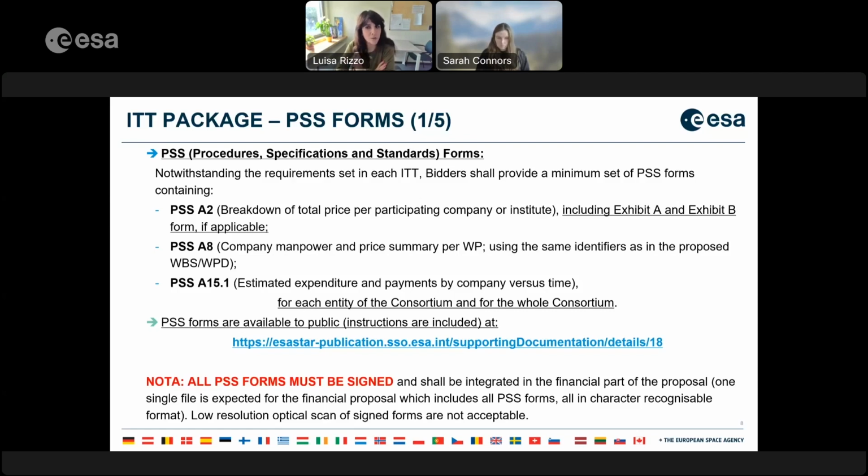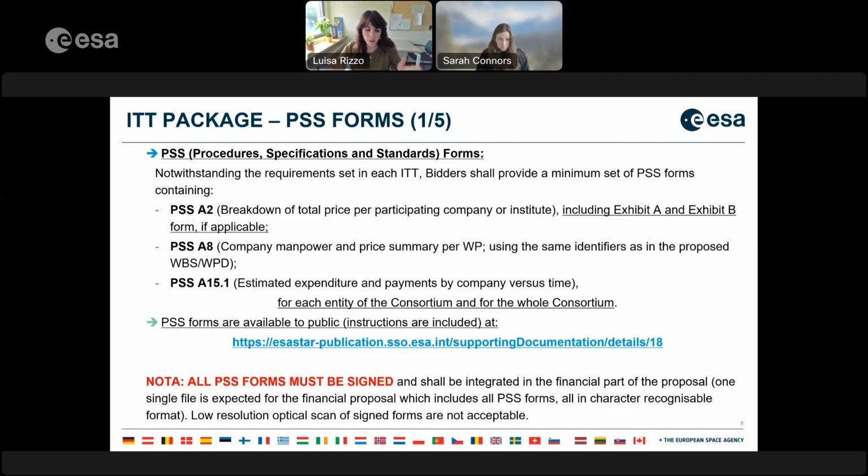So please make sure there is consistency between the WPD and the information in the PSS A8 and the PSS A15, which is the one containing the estimated expenditure and payments by the company versus time. These three documents must be submitted if so requested by the ITT for each entity of the consortium and for the consortium as a whole.